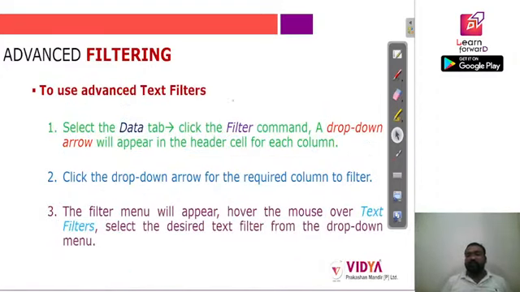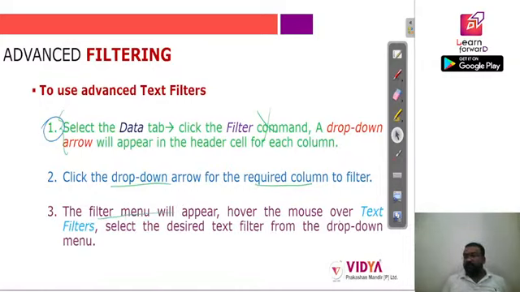Now we have another one, that is we can use some advanced text filters. Advanced text filters is the same process. If you have already applied the filter, you don't need to perform this step again and again. You can simply go to the second step, that is you click on the drop down arrow for the required column that you are going to choose for the filtration. Then a filter menu will appear.